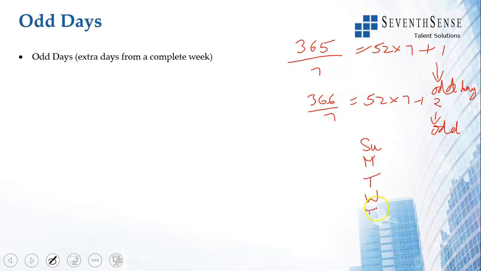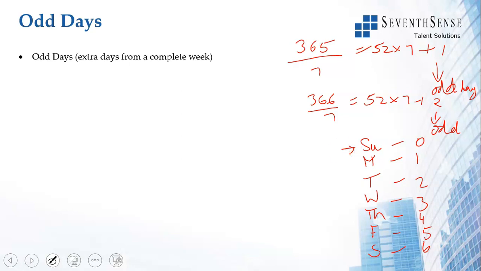Okay, let us write the days of the week: 0, 1, 2, 3, 4, 5, 6. If we assume that the first day when the calendar started, not the first day of the month or of this year, was a Monday, then if the odd day is 0, the corresponding date is a Sunday.